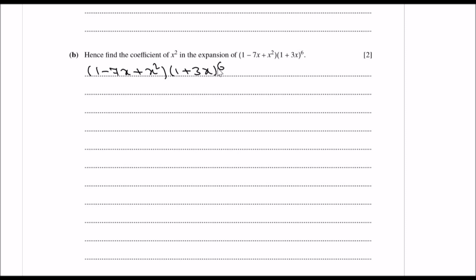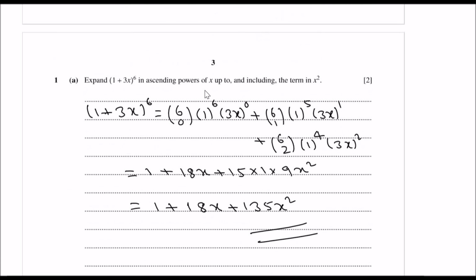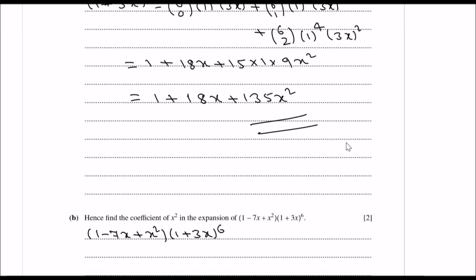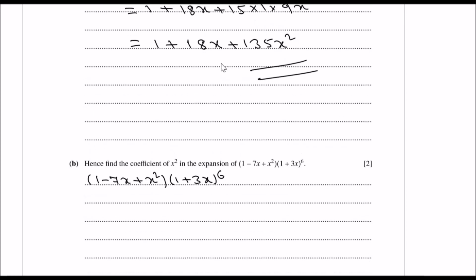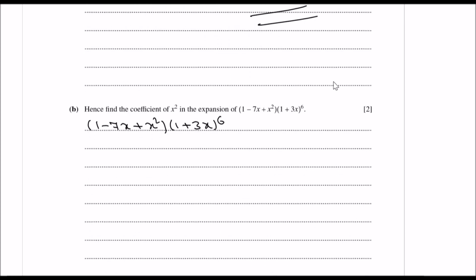Now if you check the upper question, we have 1 plus 3x to the power 6. So this already we have expanded up to the term x square. So the answer of part 1 or part A will be used here.